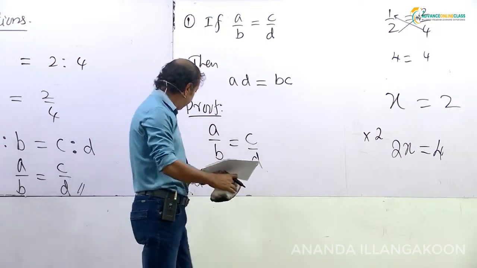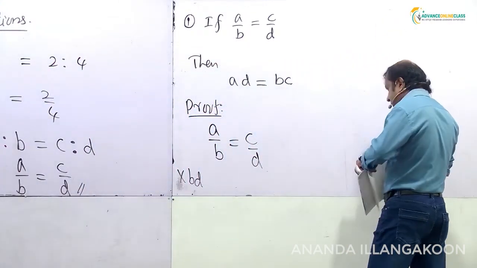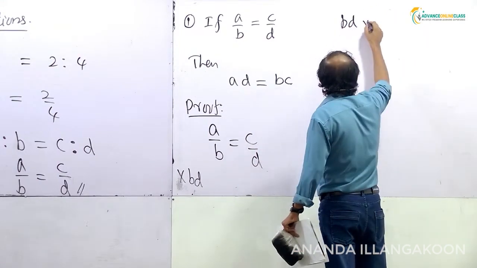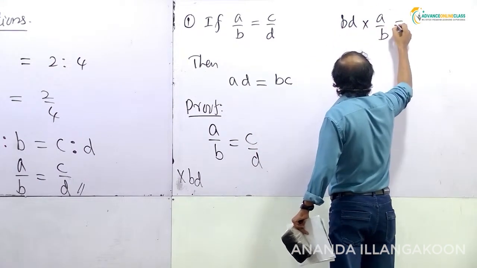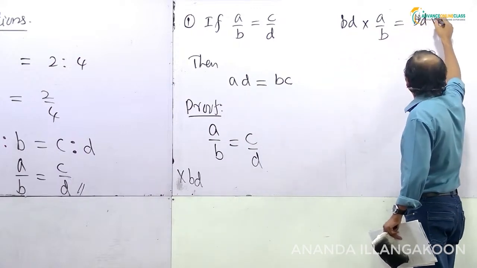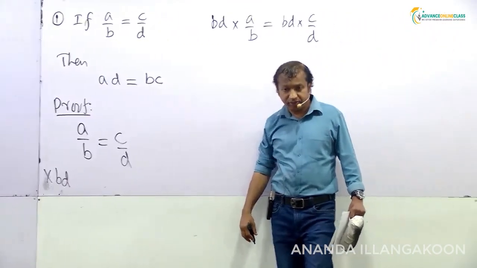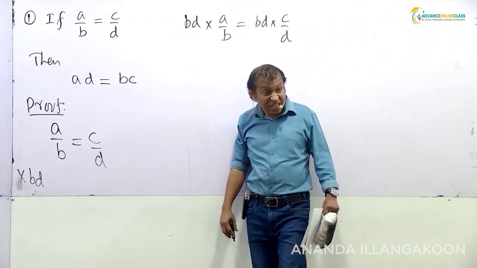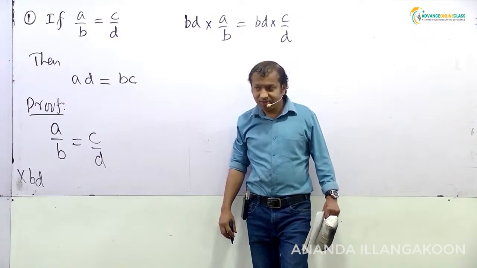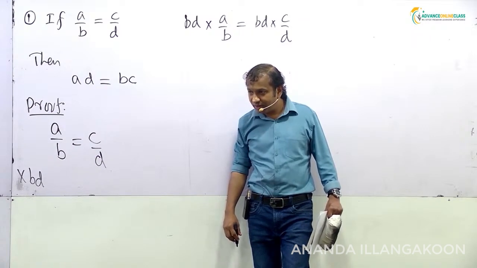Then what will happen? BD multiplied by A over B, BD multiplied by C over D. We multiply by BD. BD means what? The product of B and D. Another BD available. What is that BD?